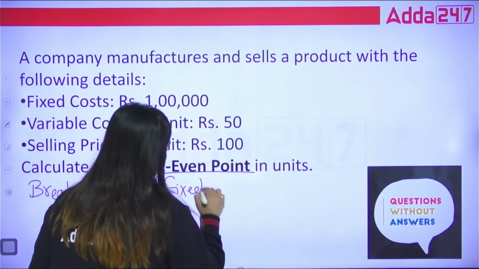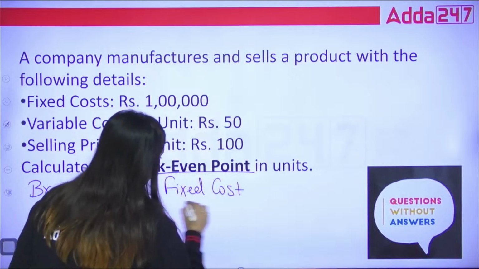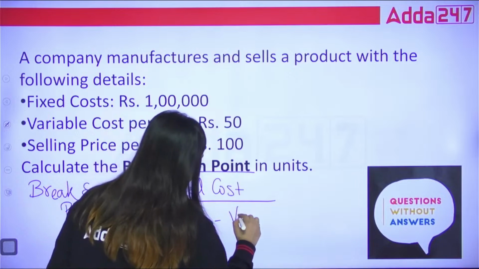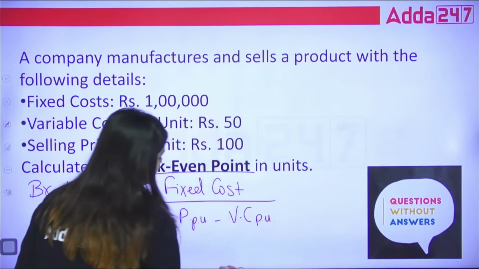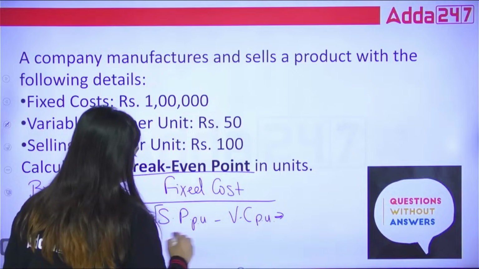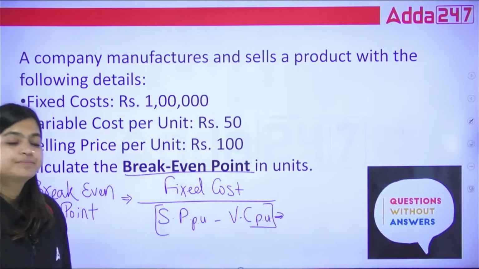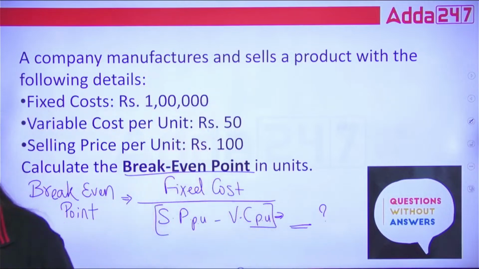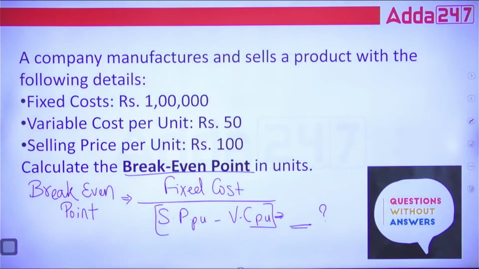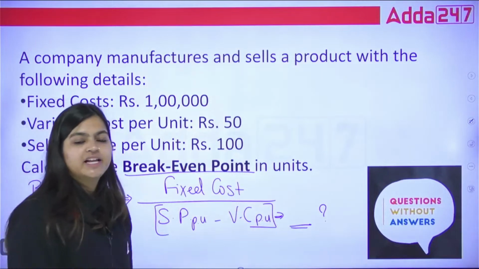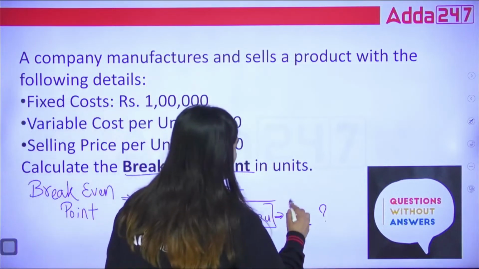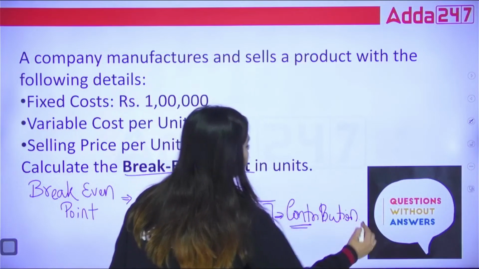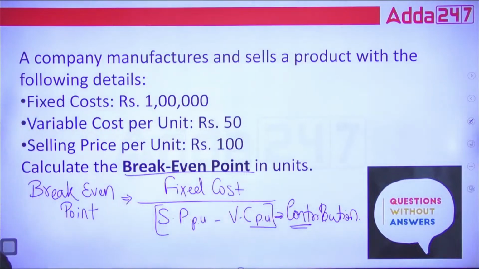The formula is fixed cost divided by selling price per unit minus variable cost per unit. Can you tell me what we get if we subtract variable cost from selling price? We get contribution.